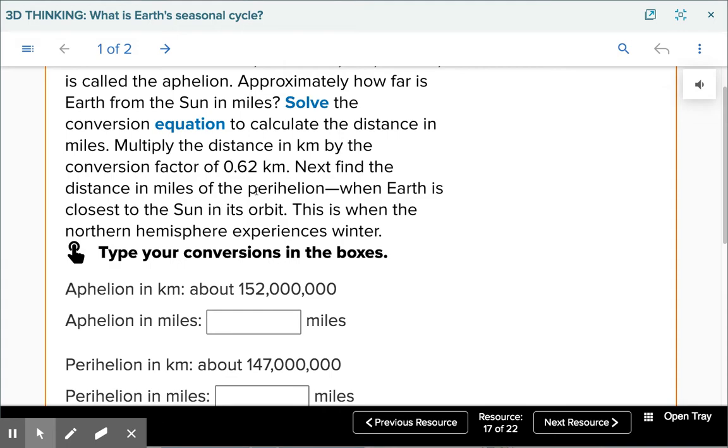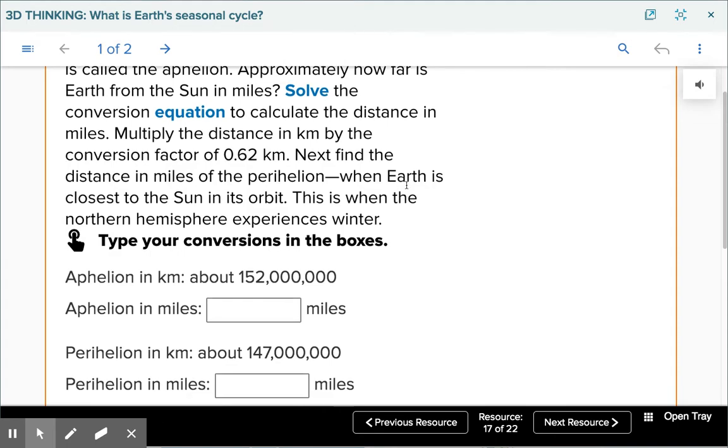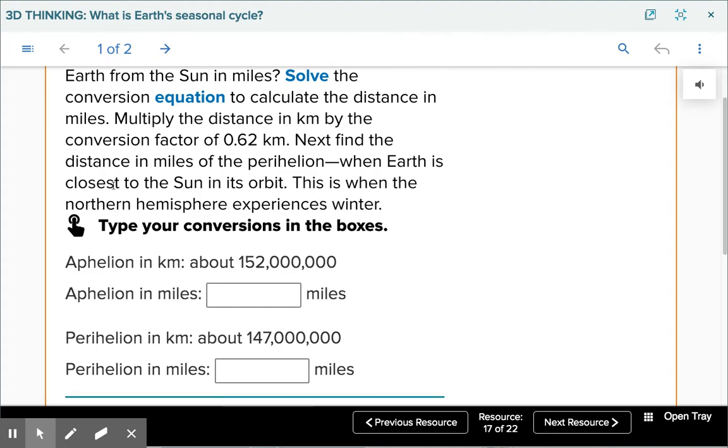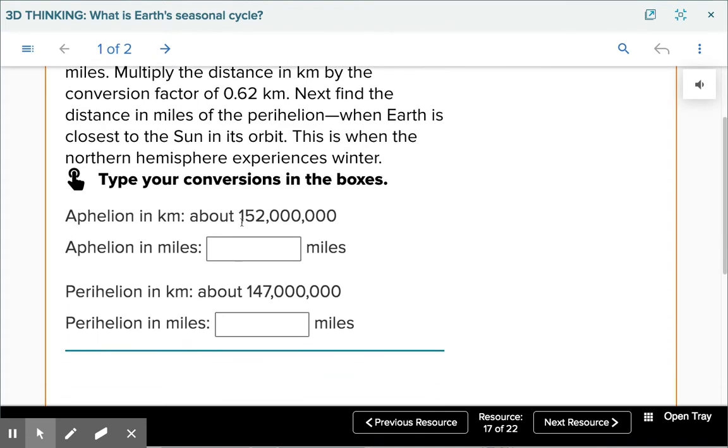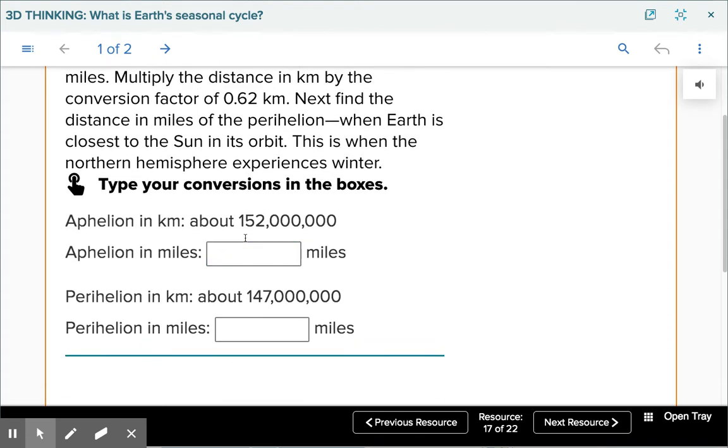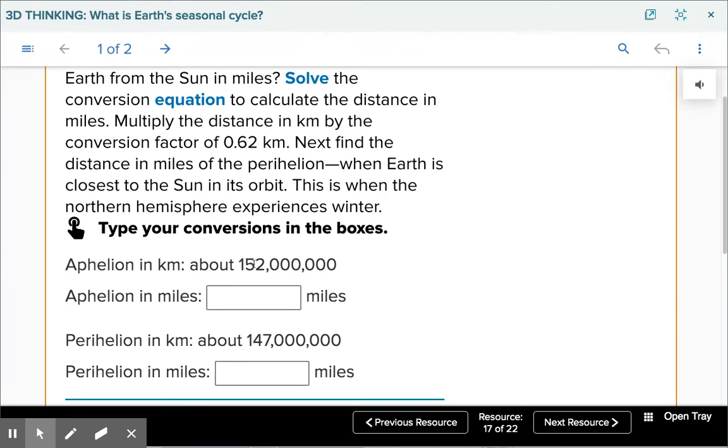Next, find the distance in miles of the perihelion when Earth is closest to the sun. You're going to do it the same way. This is when the northern hemisphere experiences winter. So remember, you're going to take 152 million and multiply it by the conversion factor. That will give you miles.